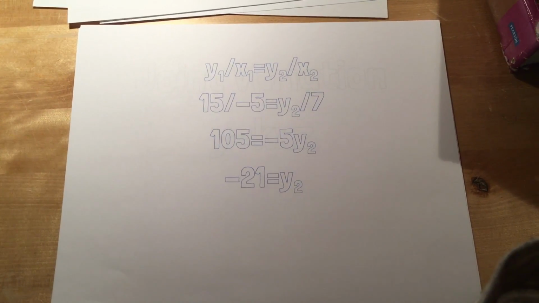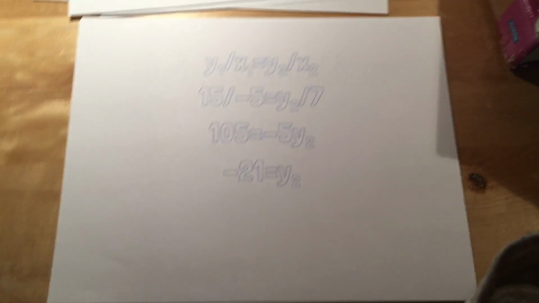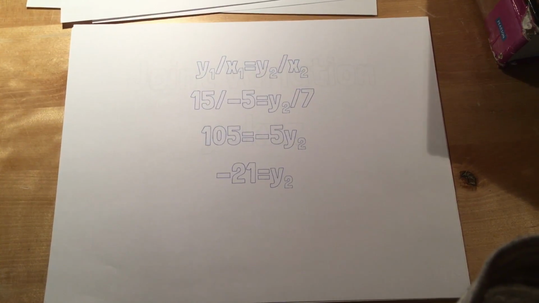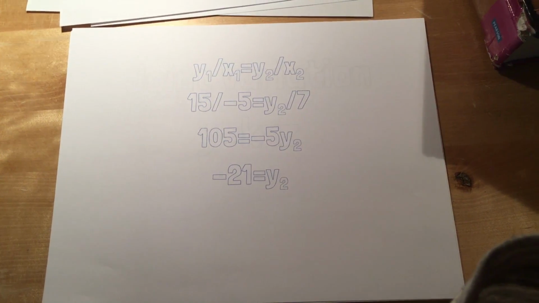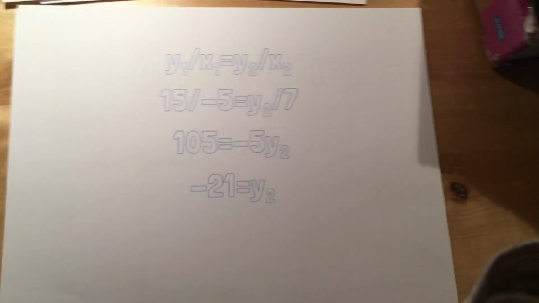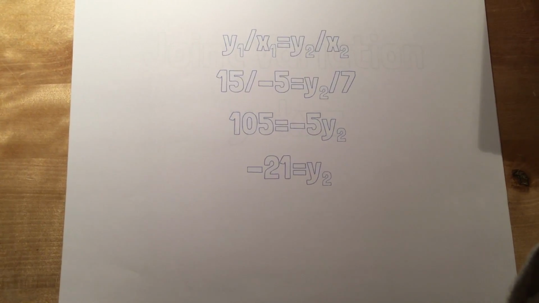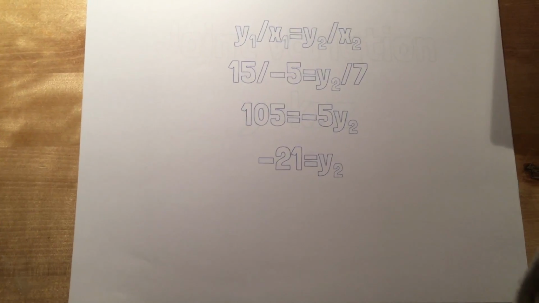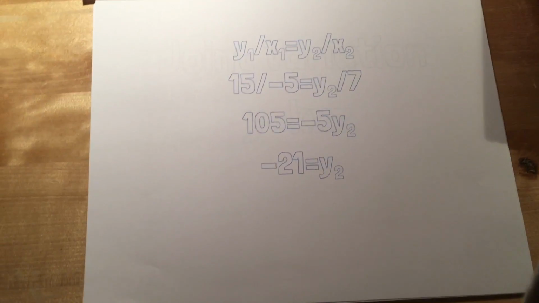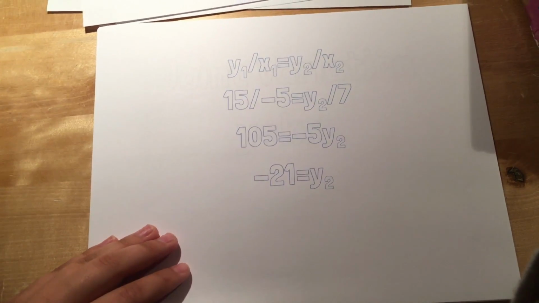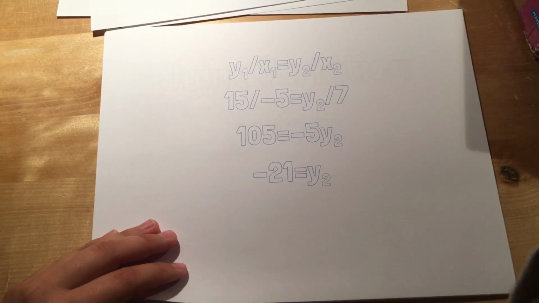Sub in 15 for y1, negative 5 for x1, equals y2, since that's what we're solving for. x2 will be 7. Cross multiply and you'll get 105 equals negative 5y2. Divide by negative 5, you get negative 21 equals y2.